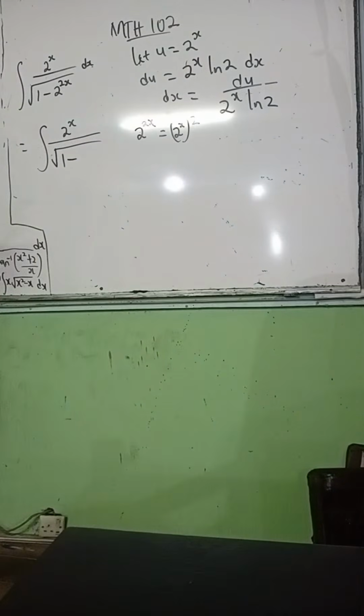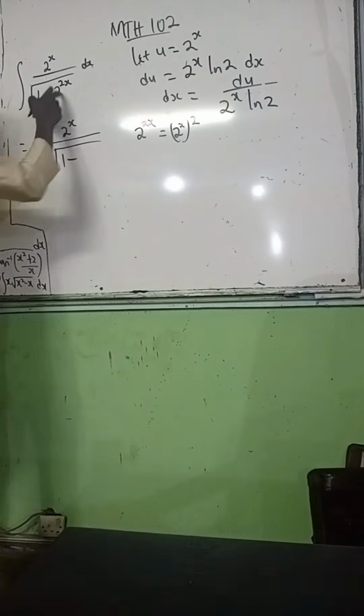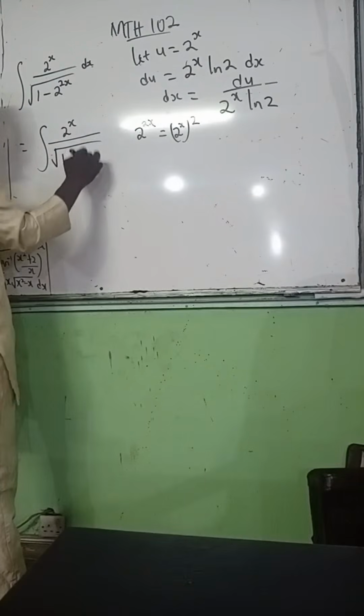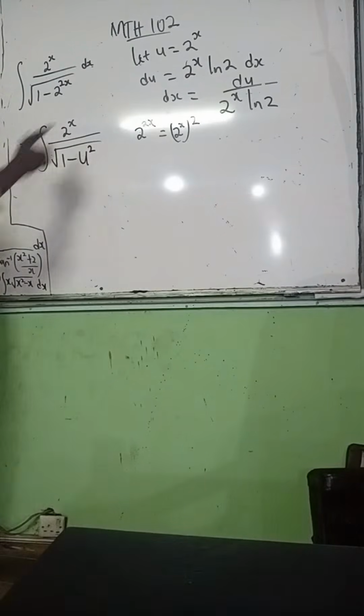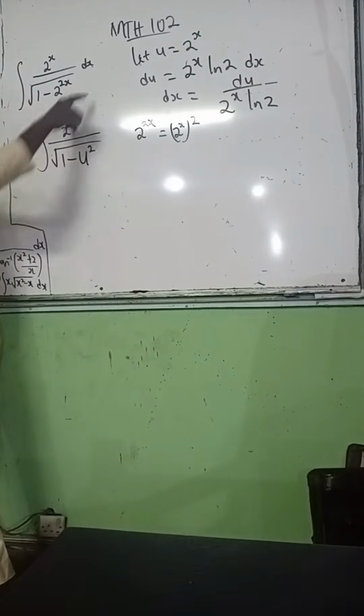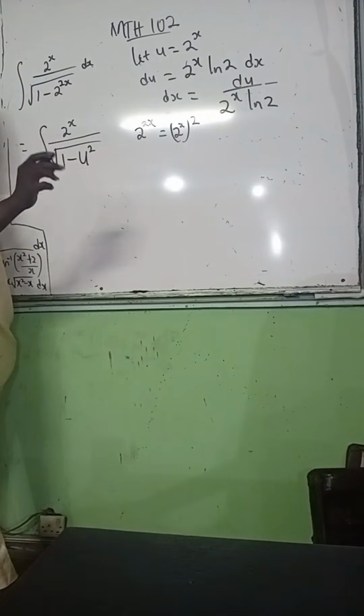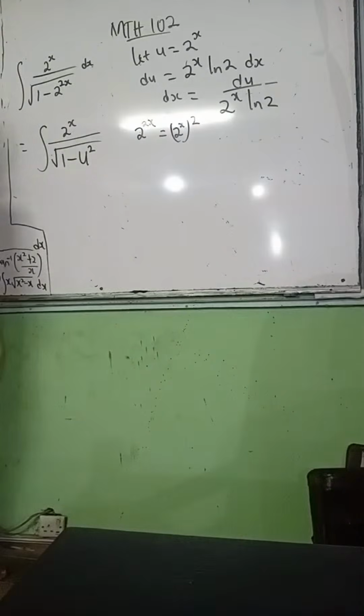Agreed? So which means I can replace this with u squared, right? Because my u is 2 raised to power x. Clear? No ambiguity. Sharp, let's move.